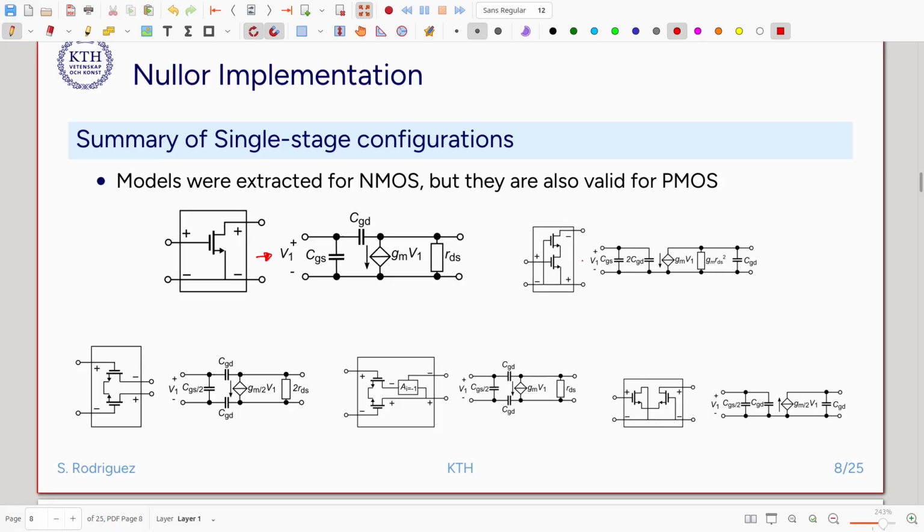Then we found a model for the cascode that is here, and we will be using this model for the cascode configuration. We have a model also for the differential pair here. We have also a model for the differential pair with a current mirror load, which is also very common. So we have a model for that one here.